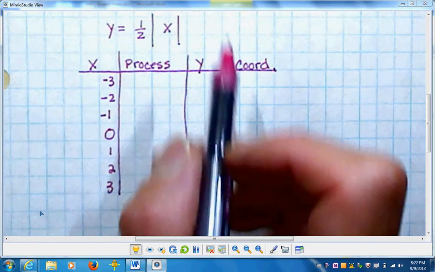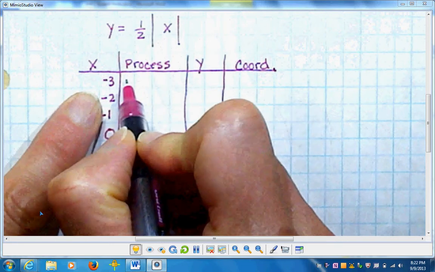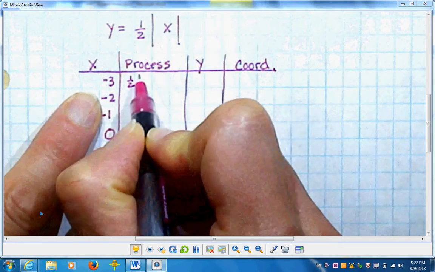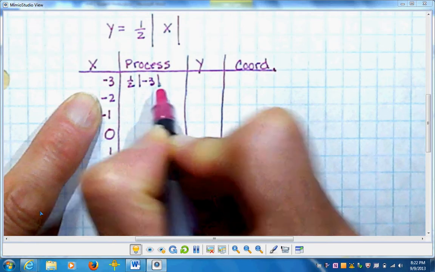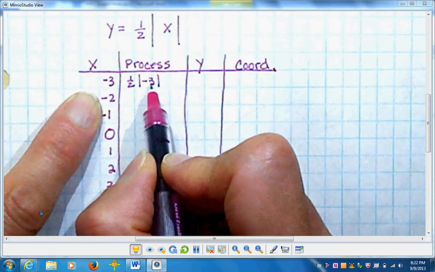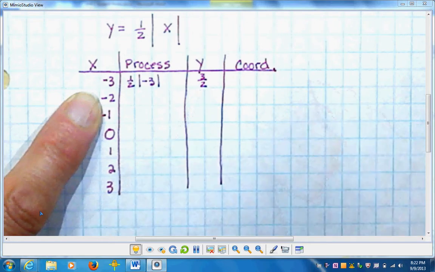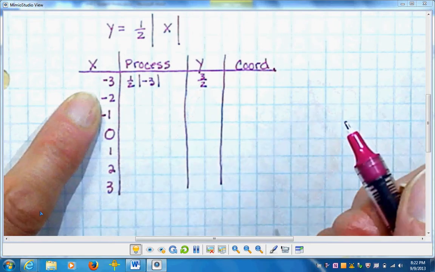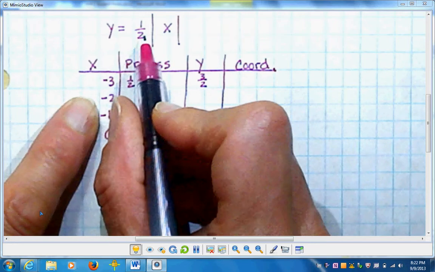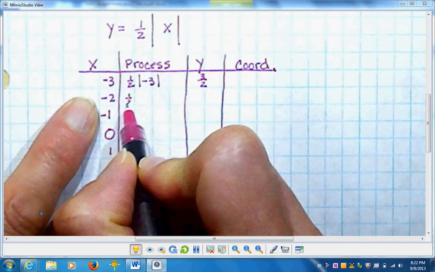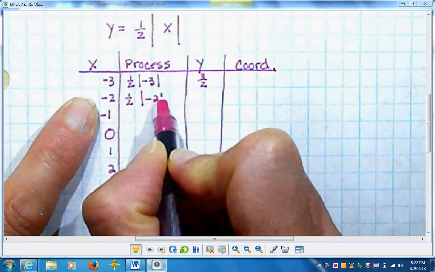Okay, so what I'm going to do is I'm going to take 1/2 the absolute value of -3. Well, the absolute value of -3 is 3, so that gives me 3/2. It's a fraction. Not happy about that, but that's what it is. So now the next one I'm going to take is 1/2 absolute value of -2.